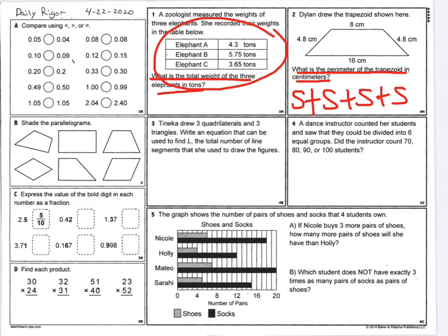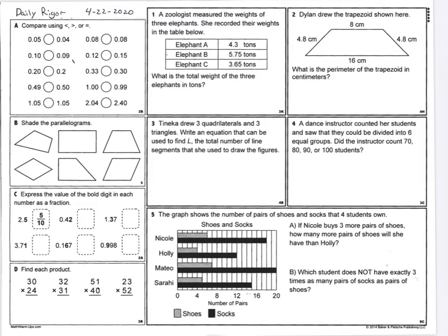All right, number 3. Tanika drew 3 quadrilaterals and 3 triangles. Write an equation that can be used to find L, the total number of line segments that she used to draw the figures. So we're looking for the total number of line segments, but it says write an equation. She drew 3 quadrilaterals and 3 triangles.